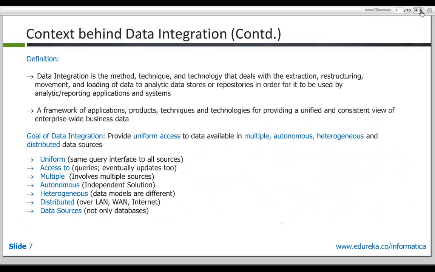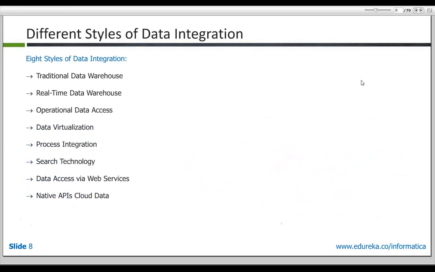We cannot ask the business user to use different technologies or different platforms to access different data. So bringing them onto one platform. Then access to queries, eventually to updates, then multiple sources. So all those things are just the steps for how you would be doing the integration.